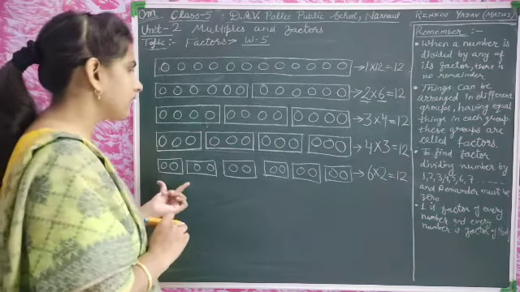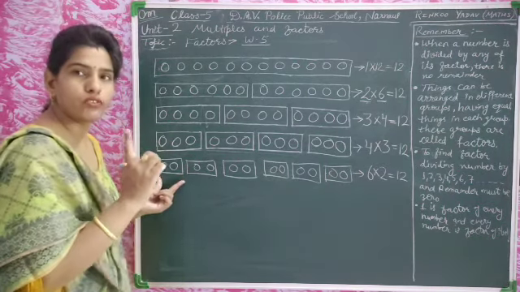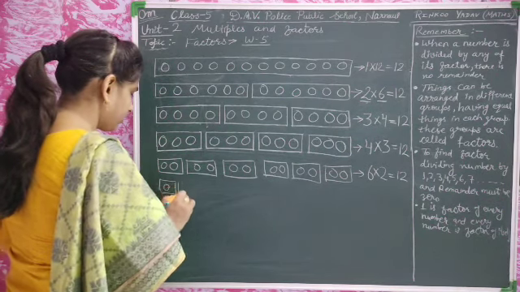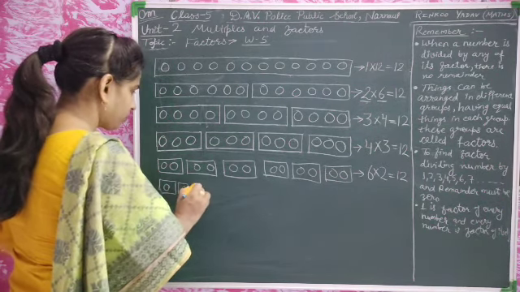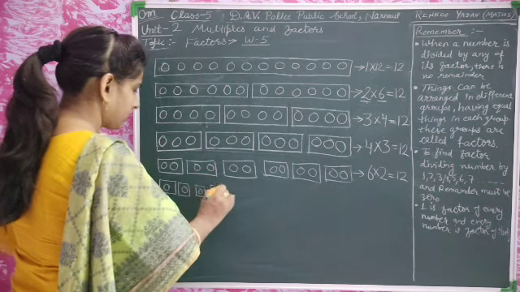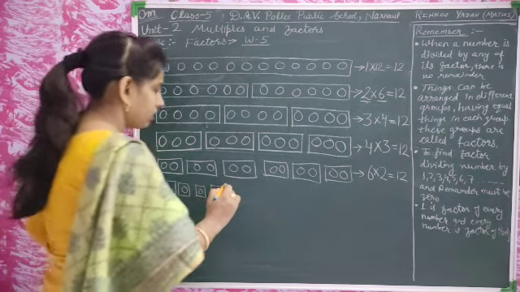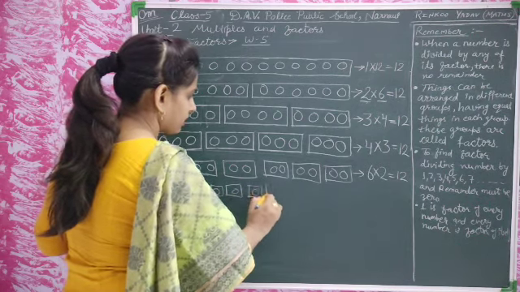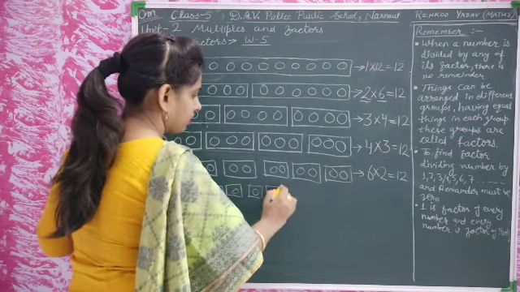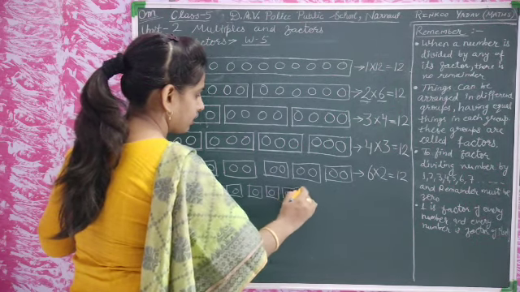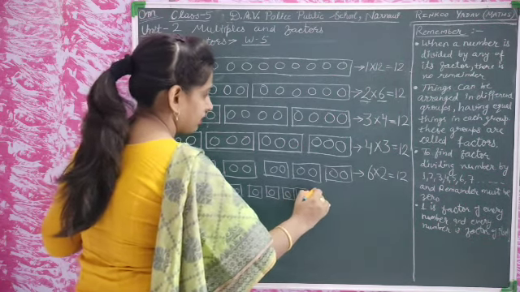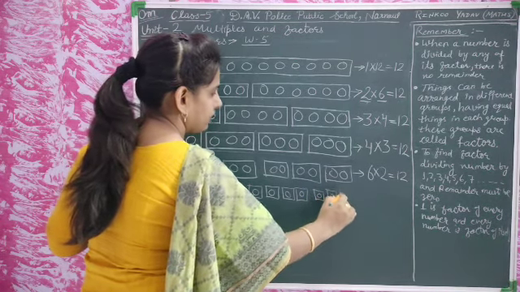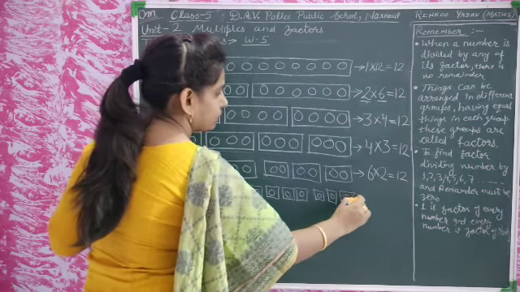Now students, you are checking taking 1 at a time. 1, 2, 3, 4, 5, 6, 7, 8, 9, 10, 11, and there is 12.